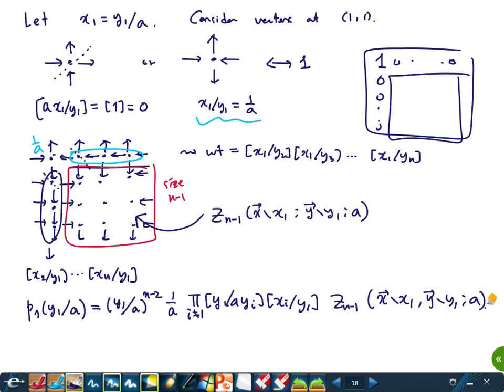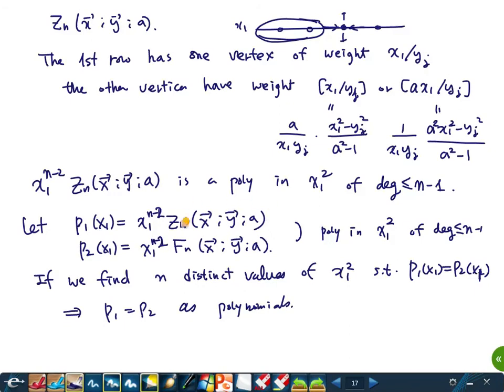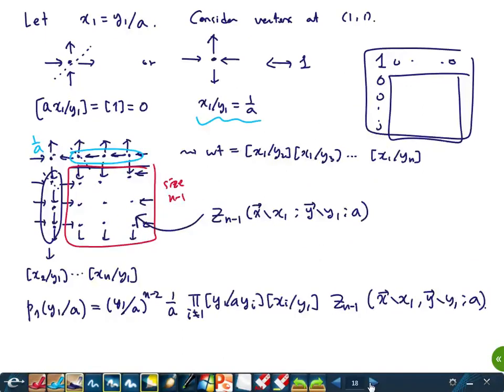But we know that in P1, let's go back over here. We know that this is symmetric in the variables y. So if you change the y's, it will stay the same. That means we just plug in x equals y1 a, but if you say yk over here, it will be the same, because this part is invariant. So by symmetry in the y's, we get, all right, let me write this down next time.